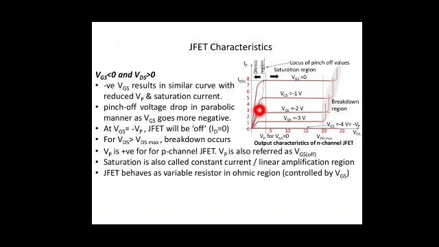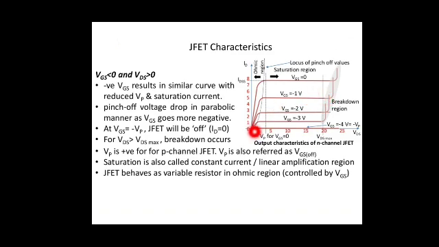For VGS equal to -1, as you keep on increasing VDS, the IDS value will increase, and after a certain value IDS will become constant.